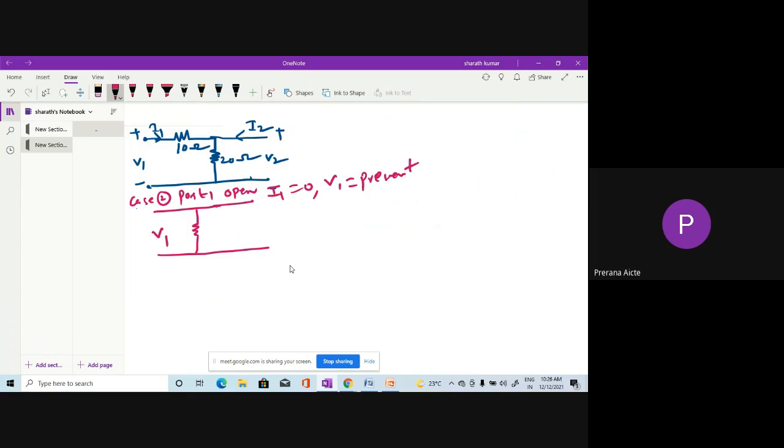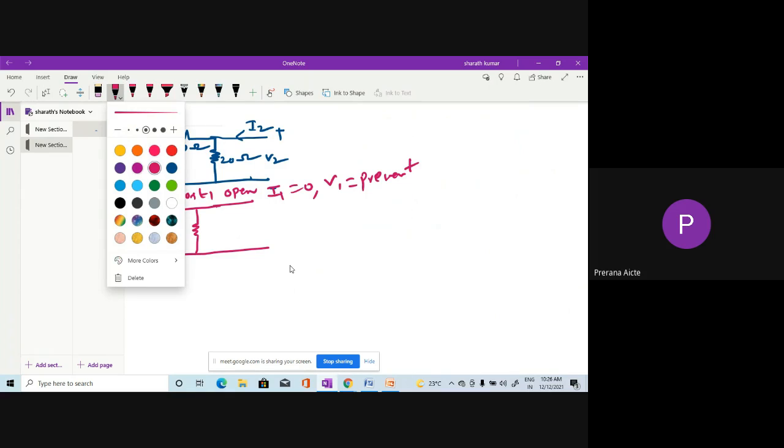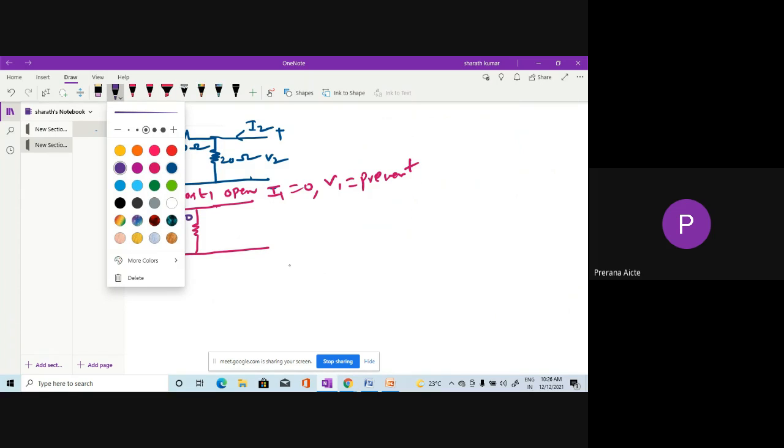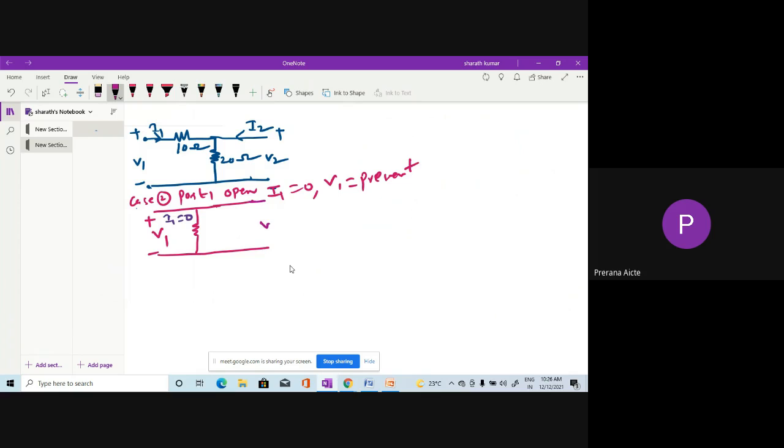We have V1 plus minus, and of course your current is going to be 0 here, I1 is equal to 0. Then we have V2 here plus minus, and we have current I2 here. So we have a 20 ohm resistor here.